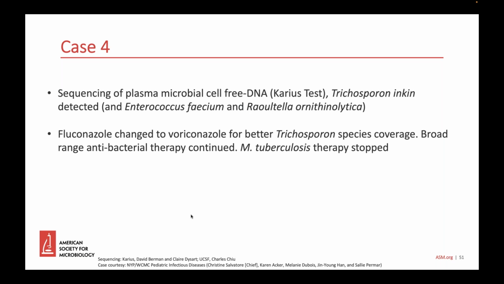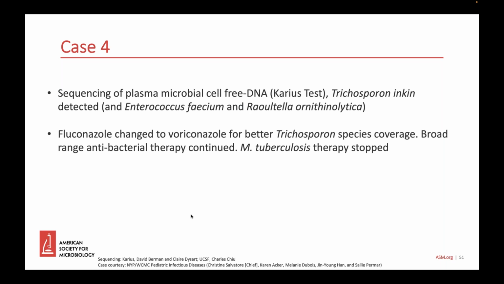When microorganisms die, they release their genetic content, and so that's why it's called cell-free DNA. There's a company called Karius that will sequence microbial cell-free DNA that is present in plasma. So plasma was obtained from this patient, and we detected Trichosporon inkin and also gram-positive and gram-negative bacteria.